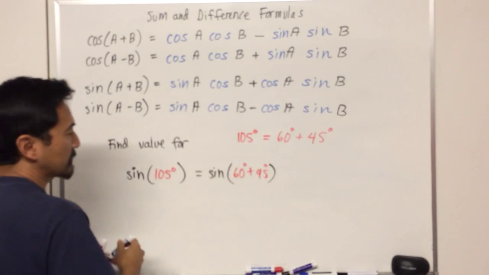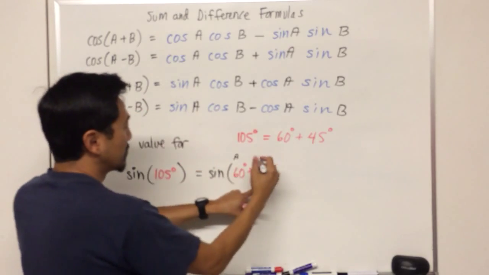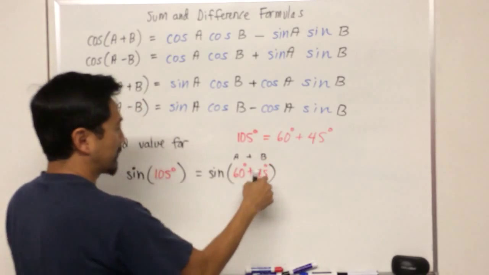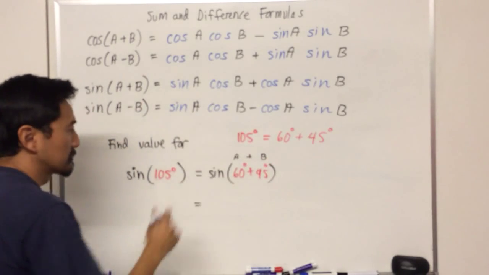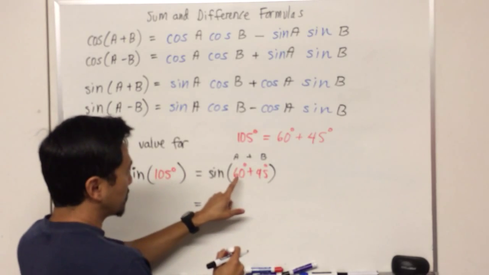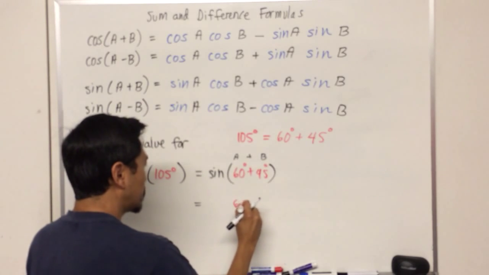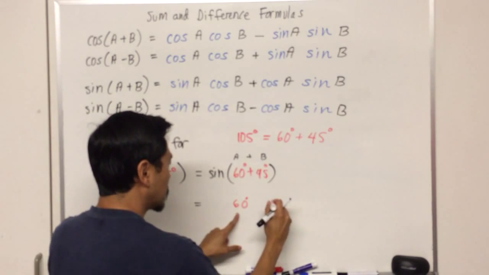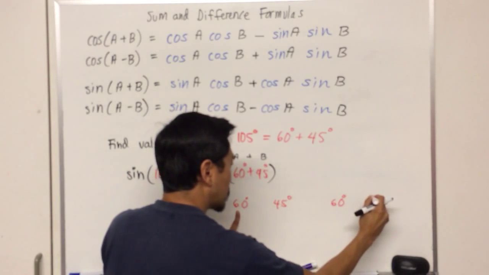And so this is acting like the A that we have in our formula up above, and then plus angle B. Now let's apply our mnemonic to see if we can write this out. I'm just going to take A, B, and then write AB, AB, right? A, 60 degrees, and then B, and then A, and B.